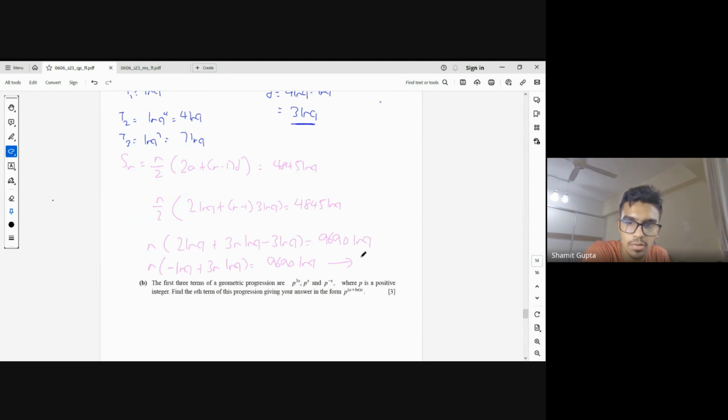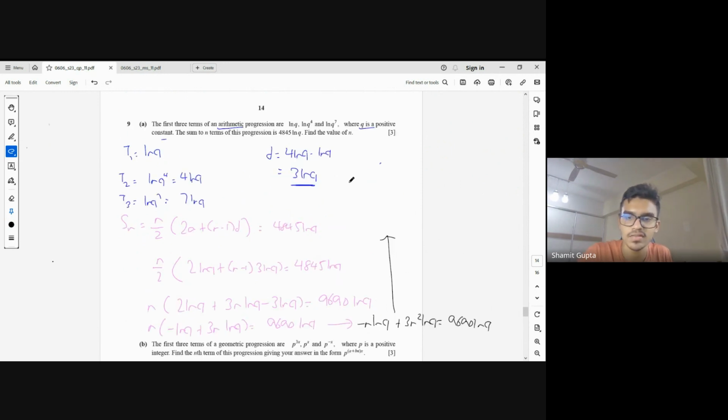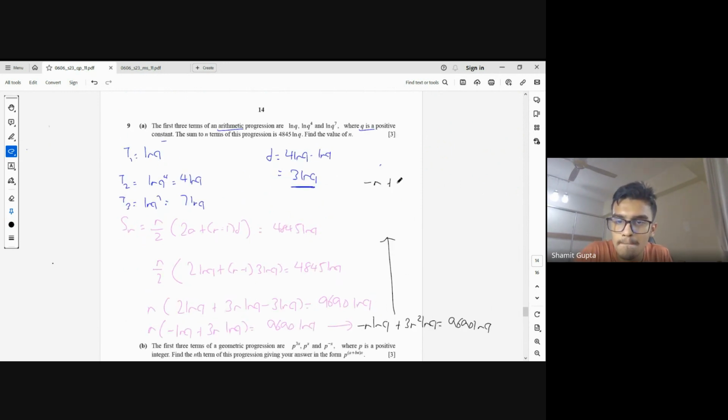So negative n ln q plus 3n square ln q is equal to 9690 ln q. We can actually cancel ln q on both sides. That will make it negative n plus 3n square is equal to 9690. So that means 3n square minus n minus 9690 equals 0.